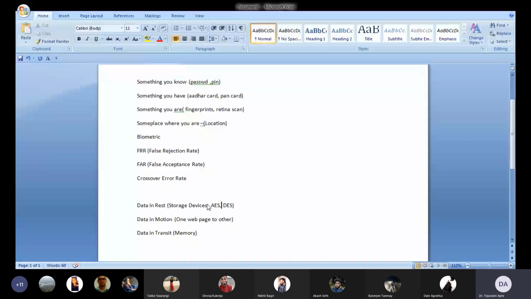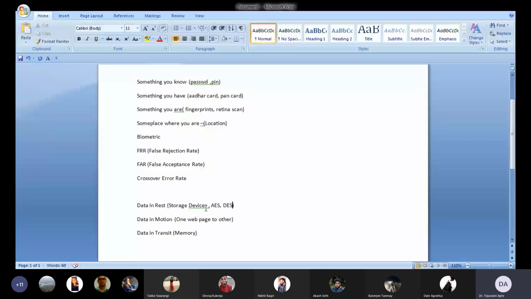It is said that if you implement AES 256, there won't be any kind of vulnerability, but only if implemented correctly. But most of the time, the algorithms which are there in AES are not implemented correctly, and because of that, they introduce different kinds of vulnerabilities. And the same here with DES as well.